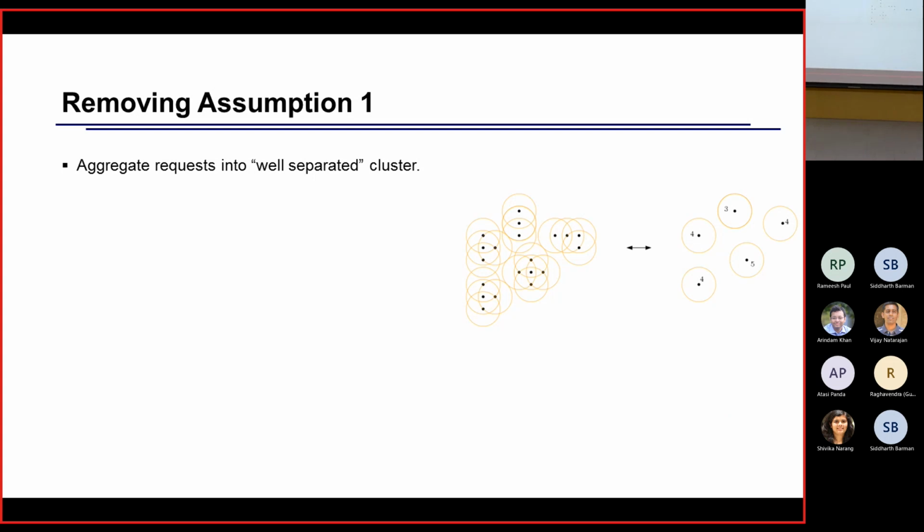I'm going to cluster my requests depending on whether those requests are close to each other or far apart, and I'll create clusters that are disjoint. For every cluster, I have a weight associated. Now, instead of analyzing request by request, I'm going to analyze it cluster by cluster. And thankfully, for the clusters that I create, the inner balls are disjoint.